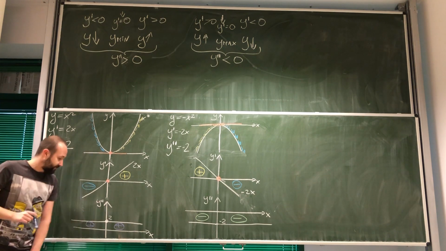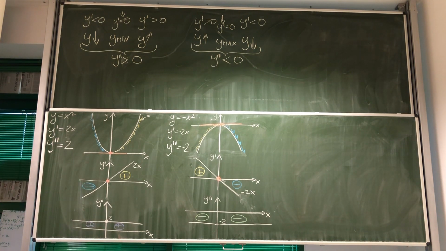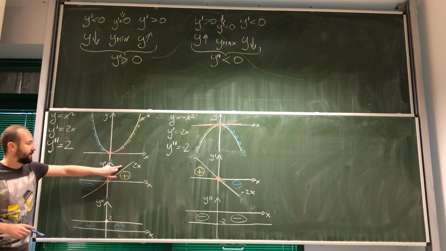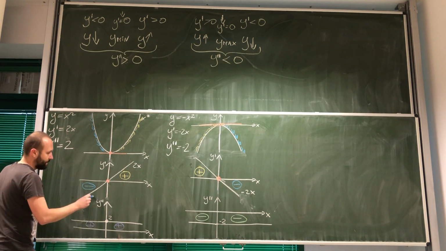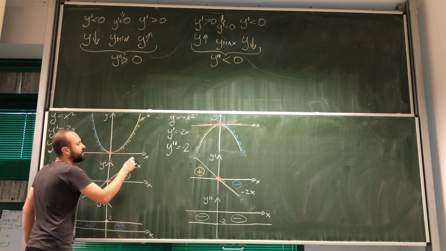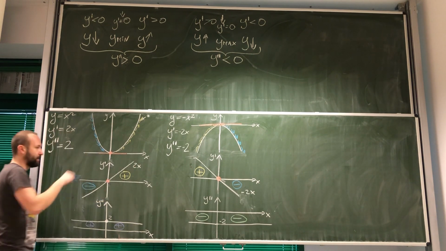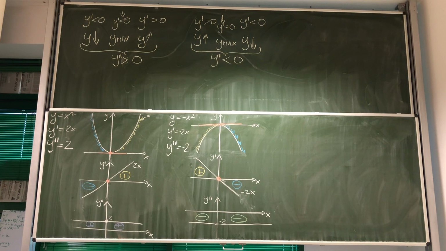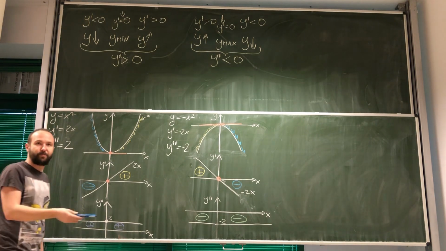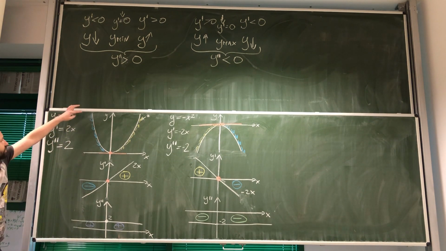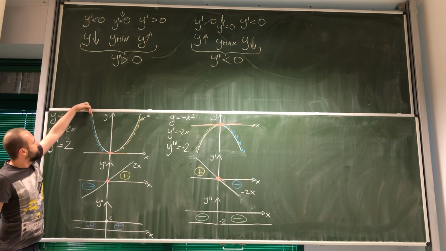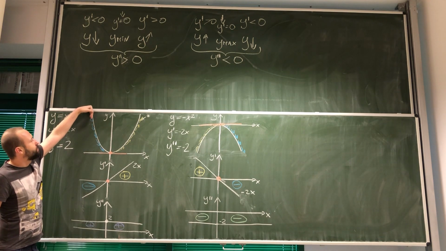And the second derivative is positive, this means that the slope of the first derivative is increasing. If the slope of the first derivative is increasing, this means that the function is getting steeper and steeper. So look, here we actually saw that the function was very steep but with negative slope.